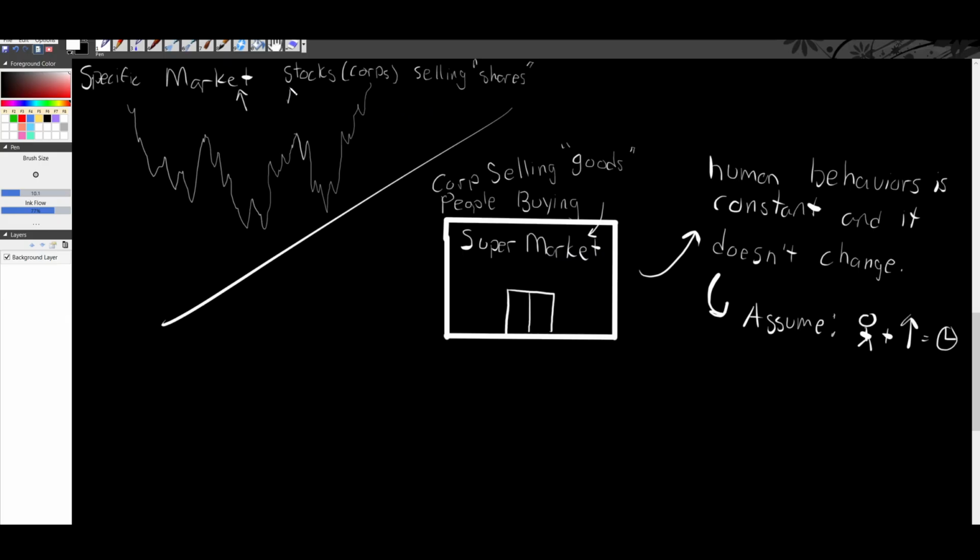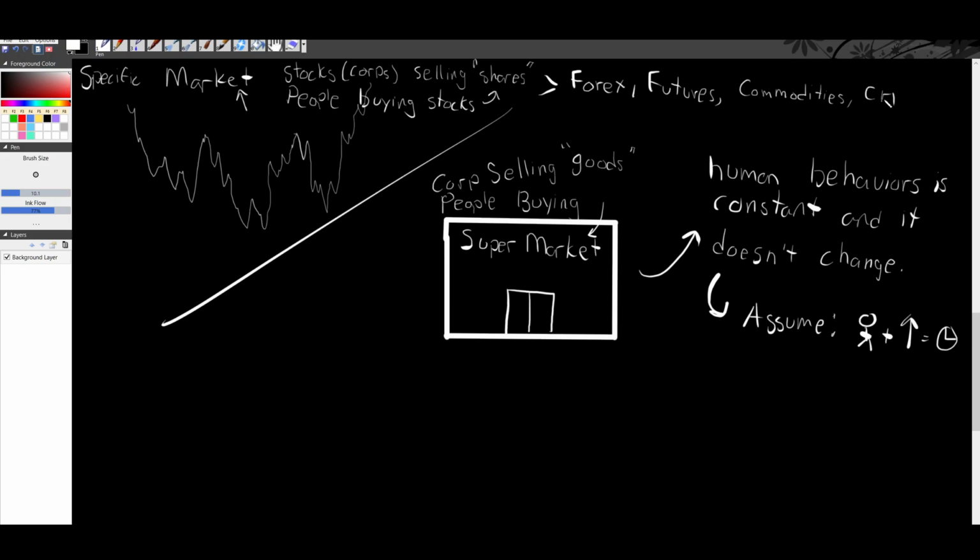So now we have people who are buying stocks or shares. It doesn't matter what it is now. If we're in the forex market, futures, commodities, right? Oil, gold, silver, commodities, crypto, okay?